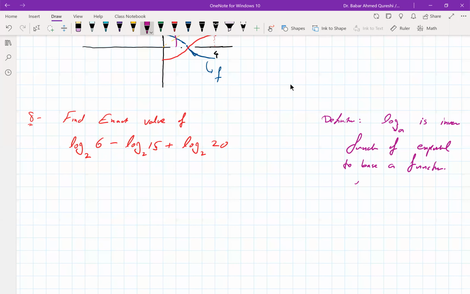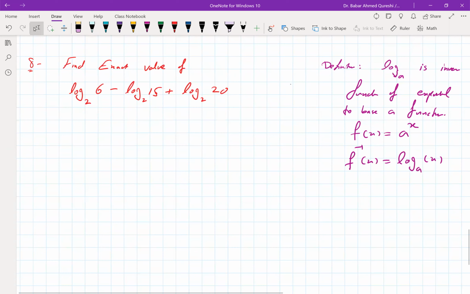That means if you have this function, then its inverse function will be called log to the a. And since it's an inverse, this is how you define it. It is that function whose composition will give you x back.